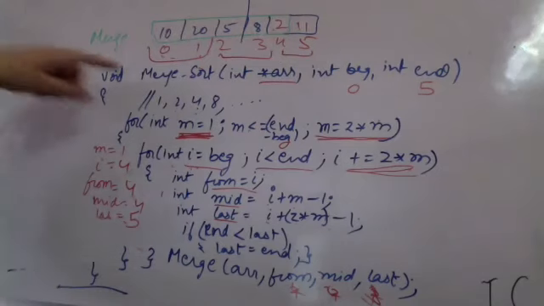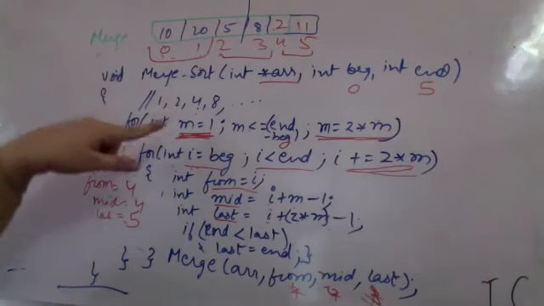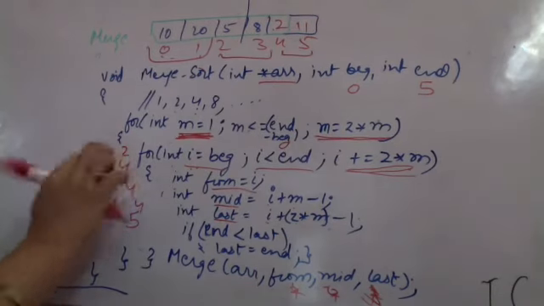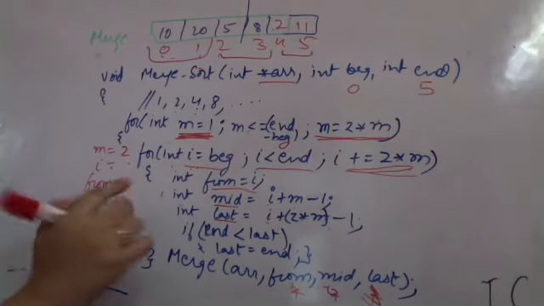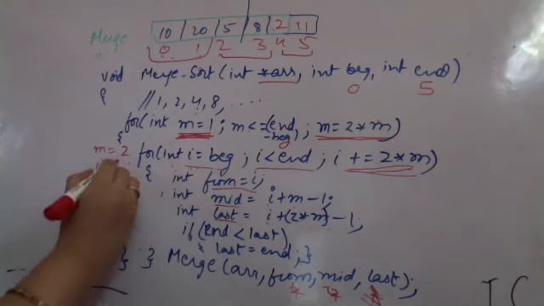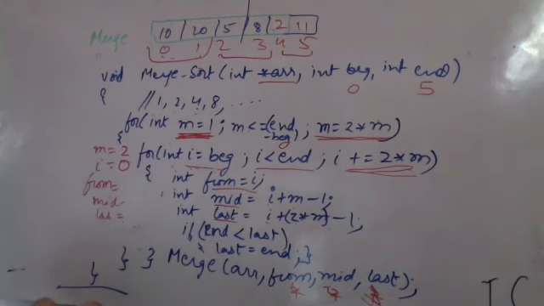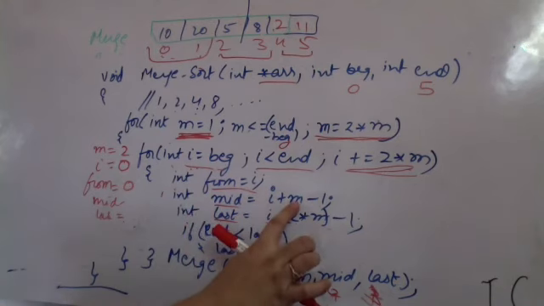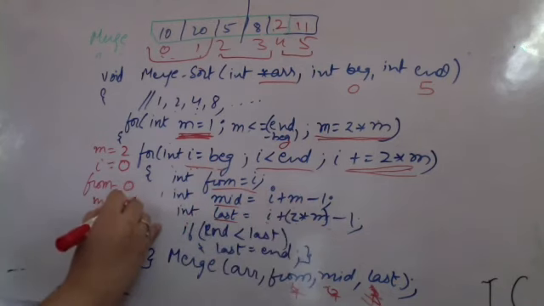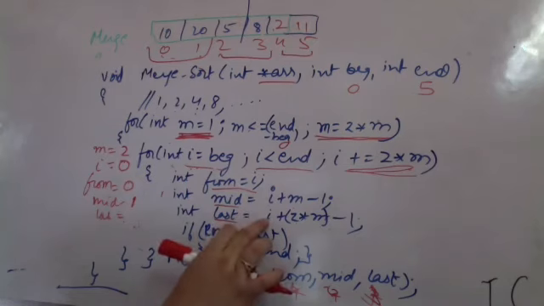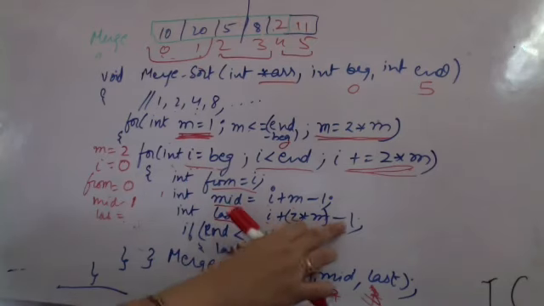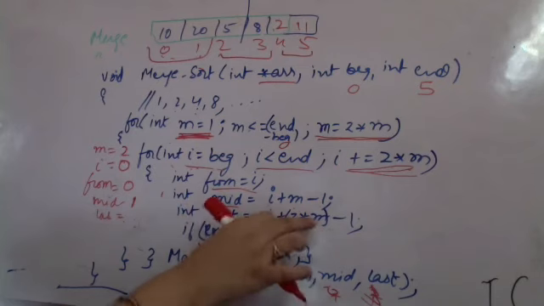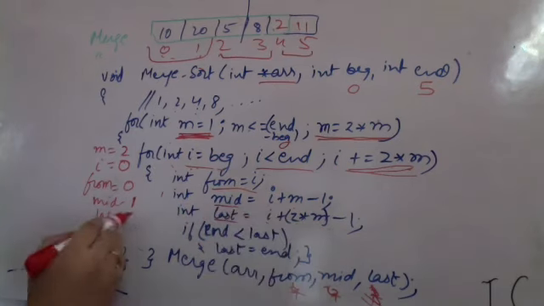Now the next time you call, m will change the size, m becomes 2. When m becomes 2, I is again starting from the beginning, I is 0. From becomes 0, middle is 0 plus 2 minus 1, so middle is now 1. And last is 0 plus 2 minus 1, sorry, m is now 2, so last is 0 plus 4 minus 1, so it becomes 3.